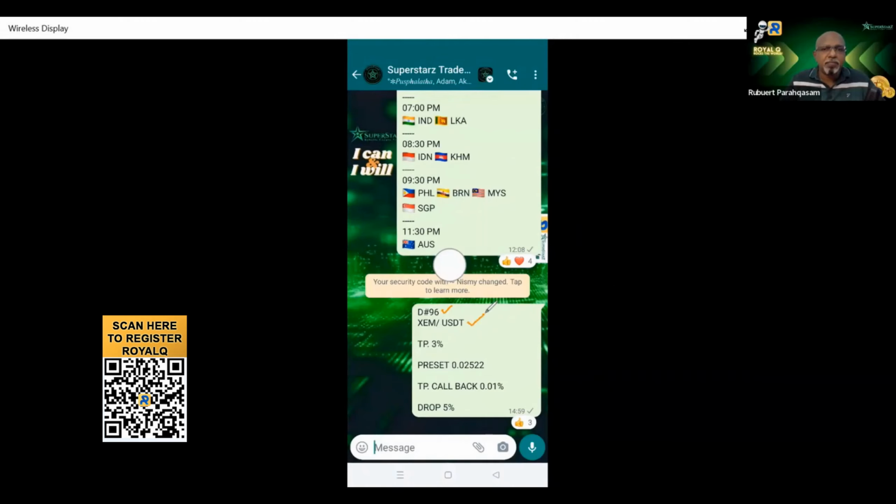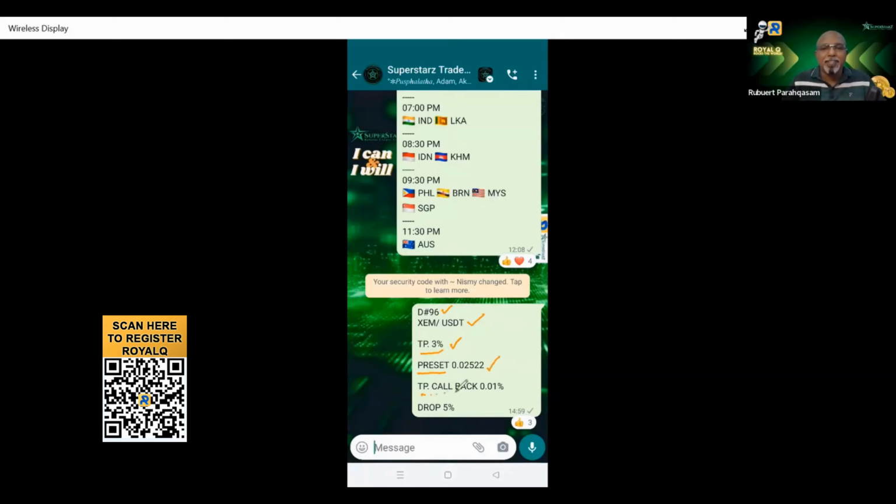Coin pair. Which coin we are going to trade? What about the third thing? What is TP? Take profit. What is preset? Where we are going to buy. That's right. The price where we are going to buy.